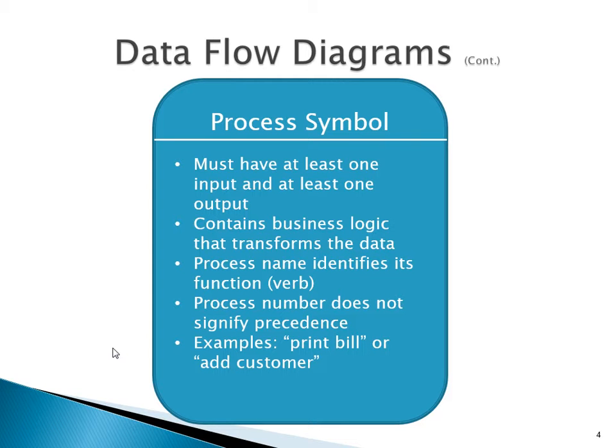Each process must have at least one input and output because none of them are just hanging out there independently. They're either receiving something or they're doing something in order to operate and be part of an interoperable piece of the system. Okay, they contain business logic, meaning that when they take the data, they're doing something with it before they send it to another module or export it completely.